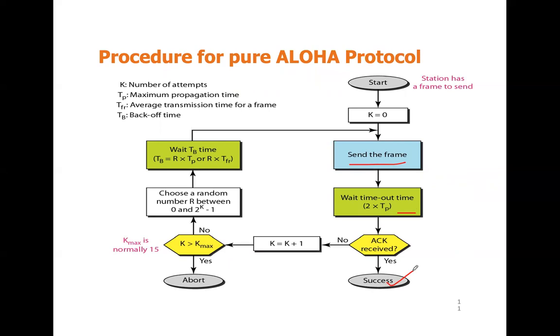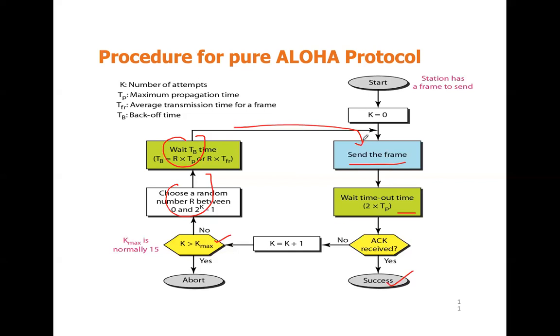If an acknowledgement is not received, it indicates that the frame has collided with some other frame. Then a random time is taken by the station, and after the random time, the frame is sent again.